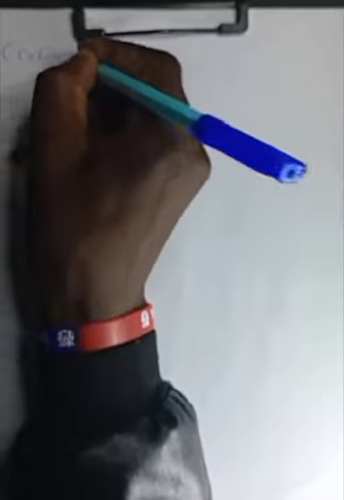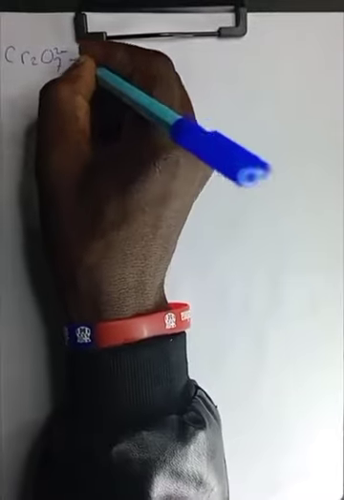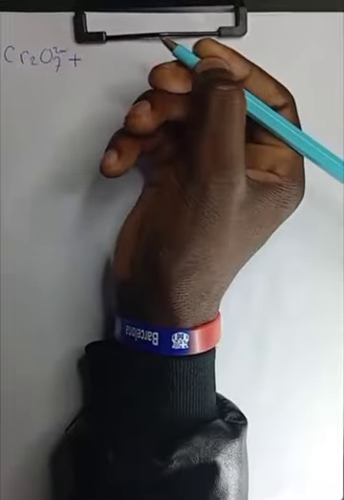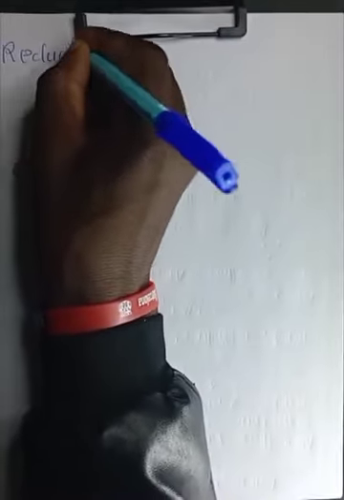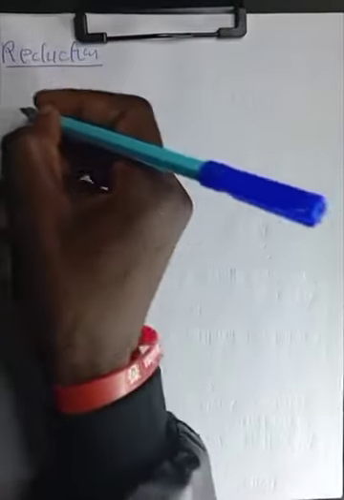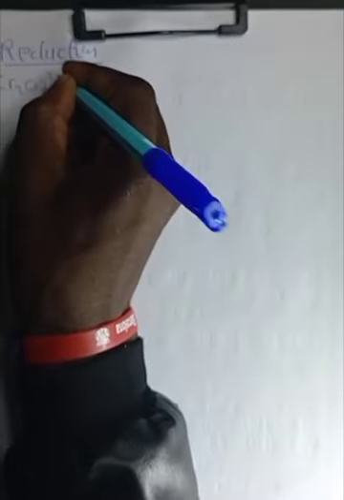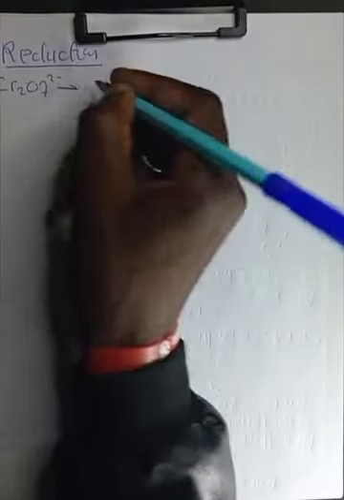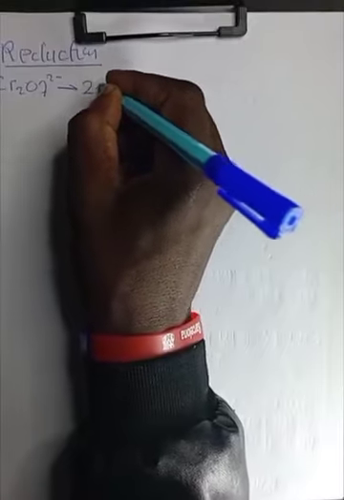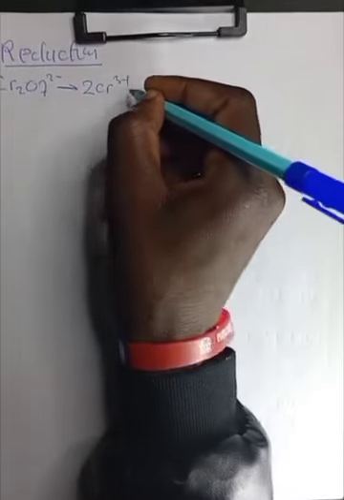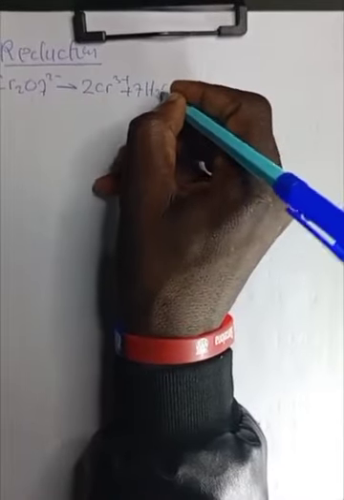So I have the reduction this side: Cr2O7 minus, we are getting 2 Cr3 plus, plus 7H2O.